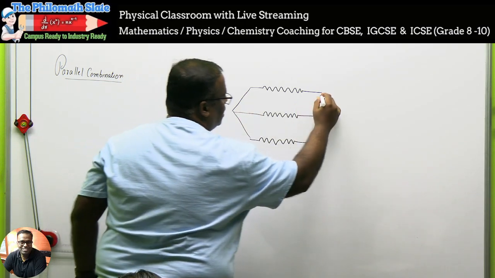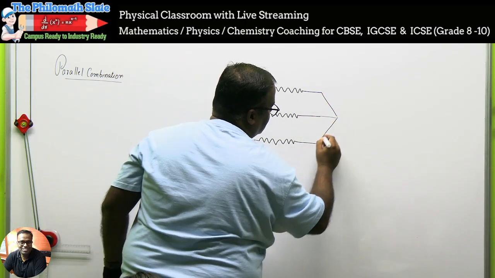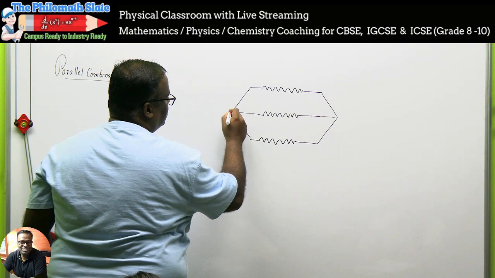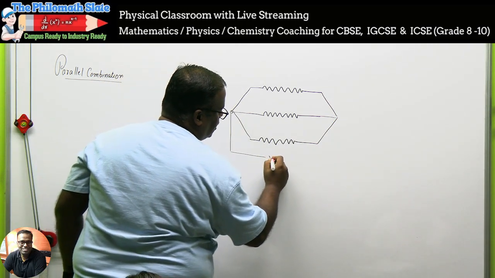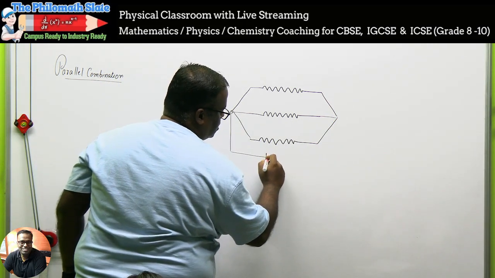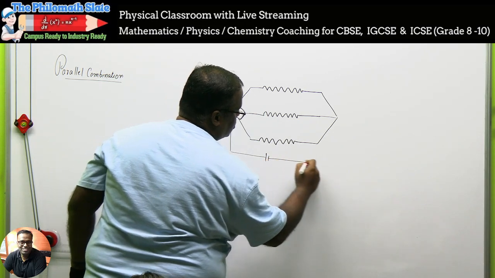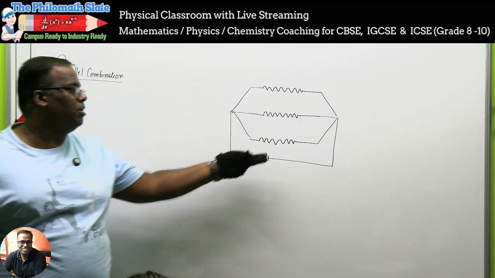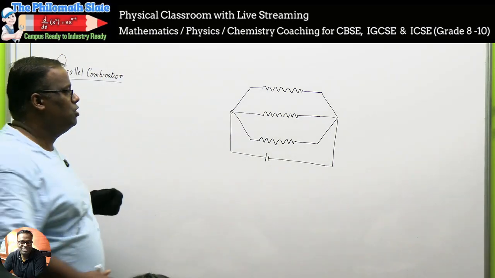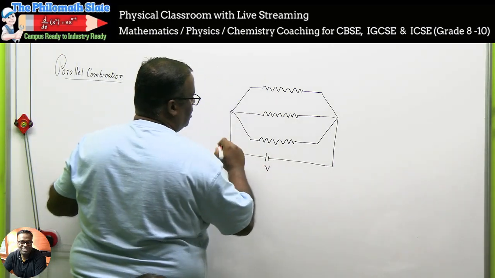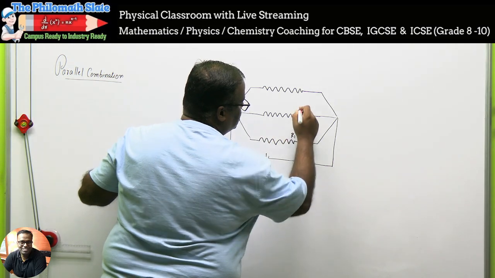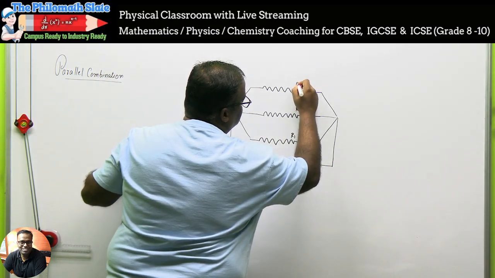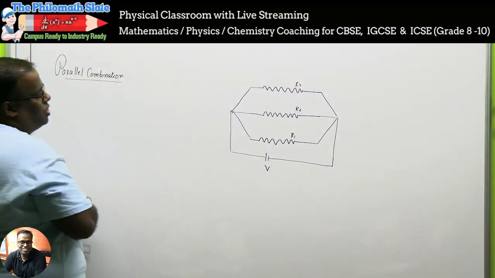You could have connected in any way. This is parallel, and from this terminal you will be driving the voltage. So let's say this is the voltage source, and you're driving it from here. Is it parallel? Yes, all of them are parallel. Okay, so V is the voltage, and R1 is my first resistance, R2 is my second resistance, R3, you can make it up to Rn, your choice.